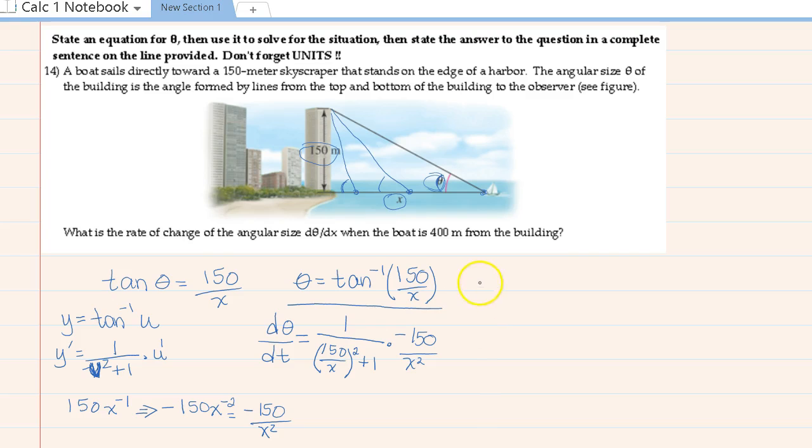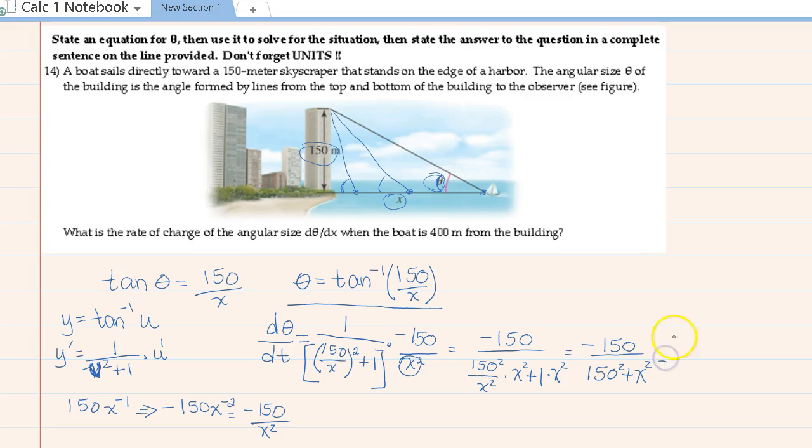So when I do the math for that, at the top we're going to have a negative 150, and at the bottom we're going to have 150 squared over x squared times x squared plus 1 times x squared. So I did the distributive property of my x squared into this denominator. So when we do that, I have a negative 150 over 150 squared plus x squared.